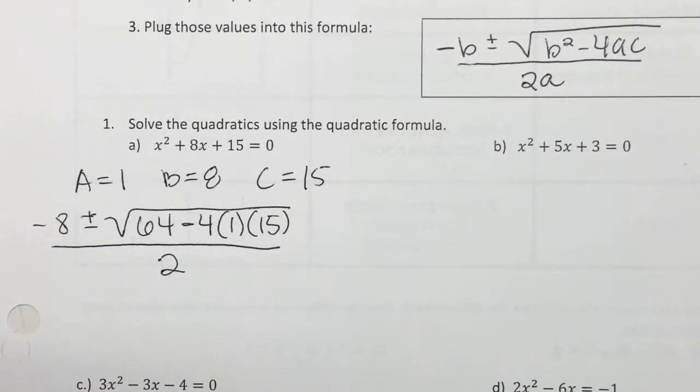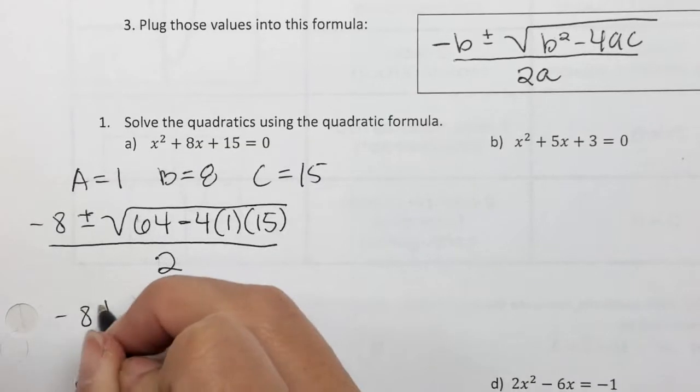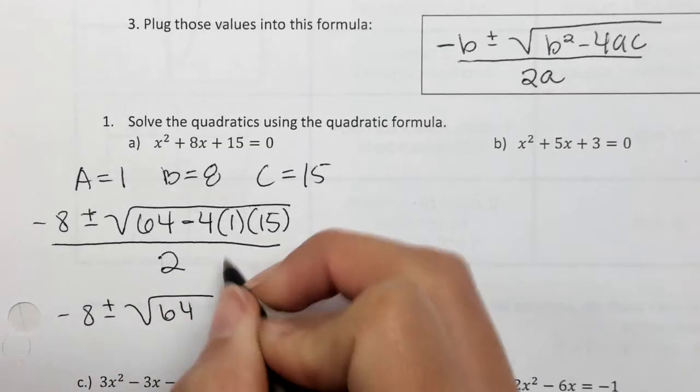Alright, now this part underneath the radical right here, does anybody remember what this is called? Discriminant. Good. So that's what you want to find first, the discriminant, before you worry about everything else. So 15 times 4 is going to give us what? 60. So this is going to be negative 8 plus or minus square root of 64 minus 60.